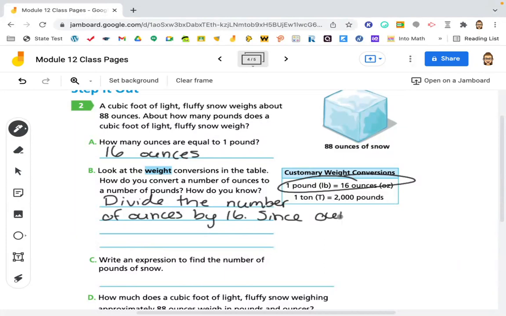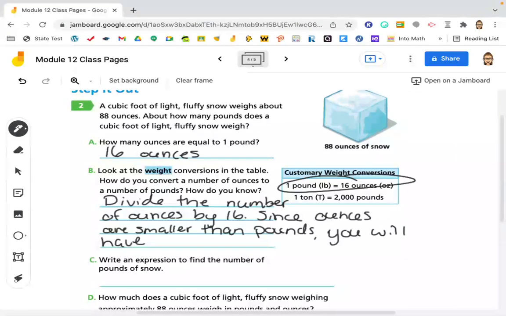Since ounces are smaller than pounds, you will have fewer pounds. So you divide.